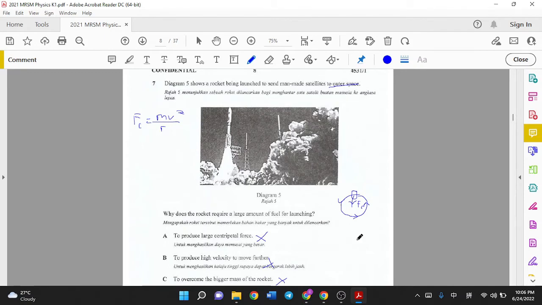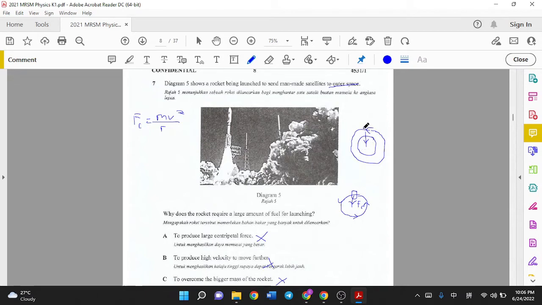So this is your centripetal force, and this is your Earth. When an object is orbiting around the Earth, it is similar to this case. You will also have a centripetal force directed towards the center of the Earth.